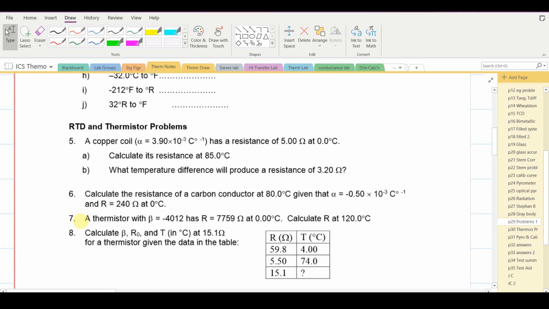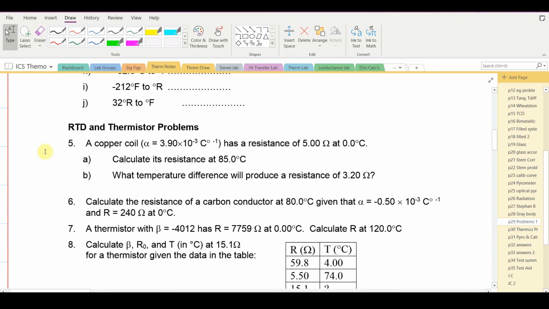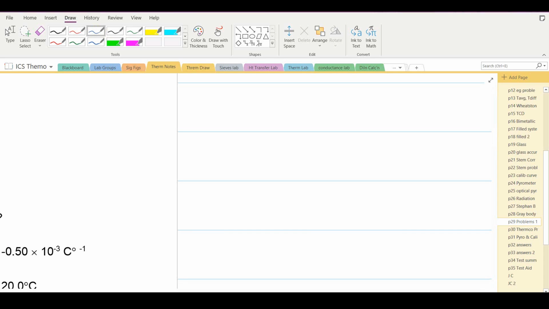In problem 5, we're told that a copper coil with a temperature coefficient alpha of 3.9 times 10 to the minus 3 per Celsius degree has a resistance of 5 ohms at 0 degrees C. We're asked to calculate its resistance at 85 degrees C, and then calculate the temperature difference that would produce a resistance of 3.20 ohms.